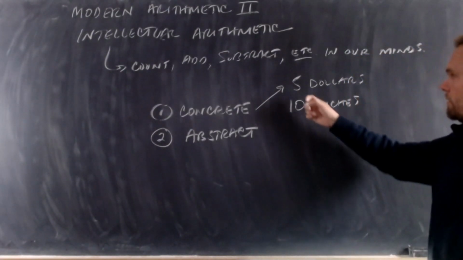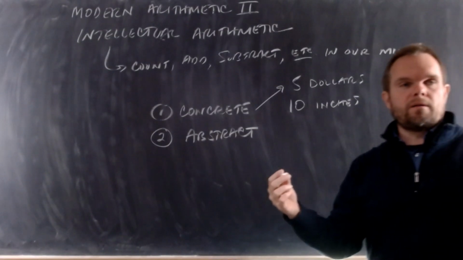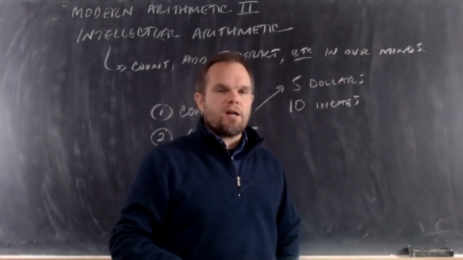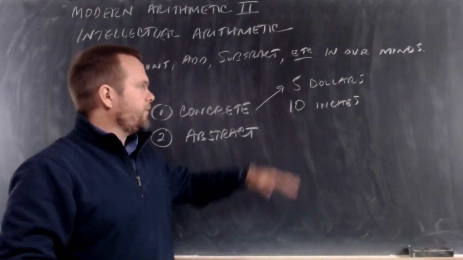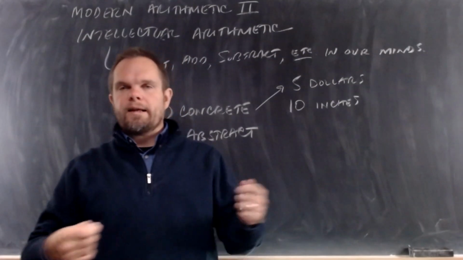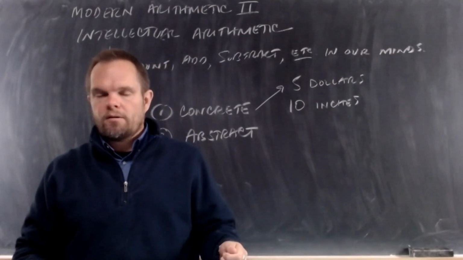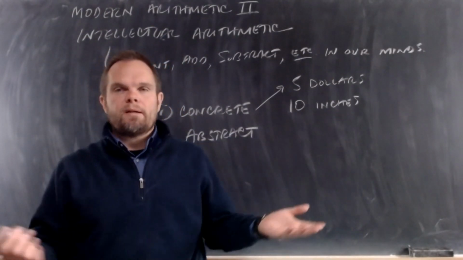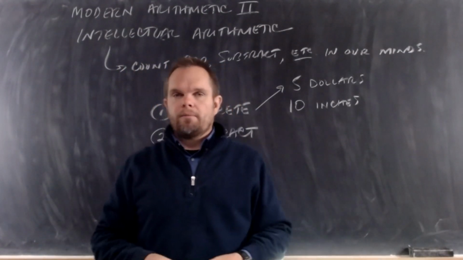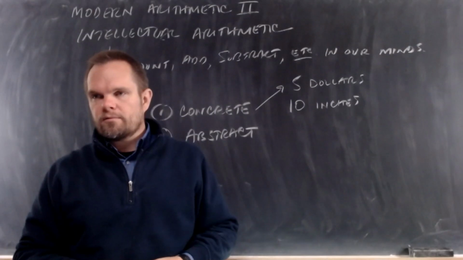If we talk about $5, we're talking about $5 bills, or the value of a $5 bill. If we talk about 10 inches, we're likely looking at a ruler or looking at a tape measure. We usually don't talk about inches and feet without looking at a measuring tape or a ruler, right?